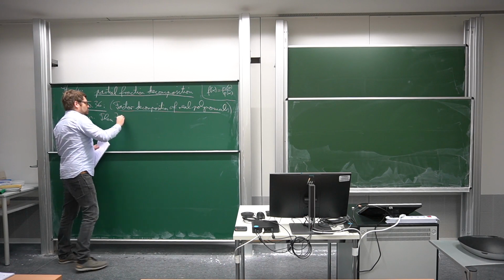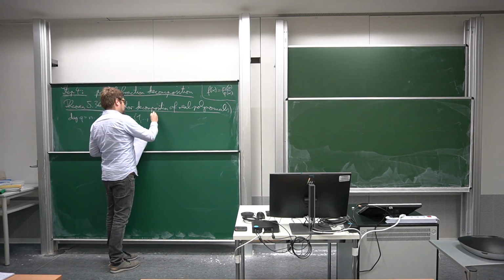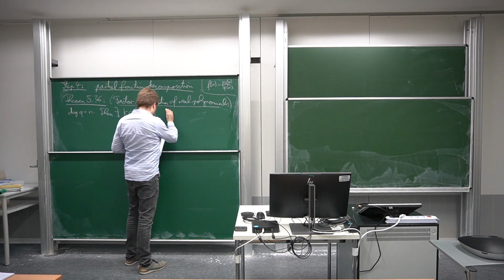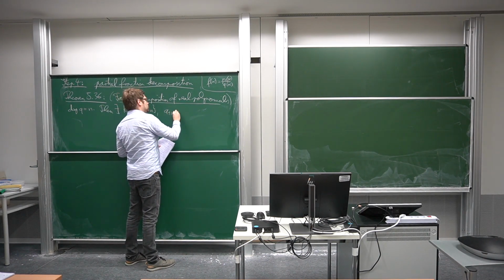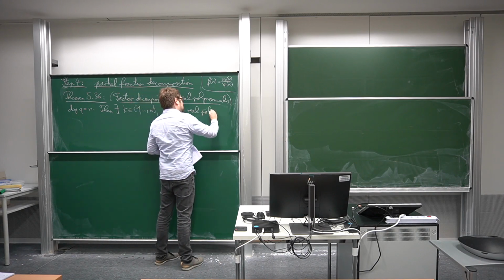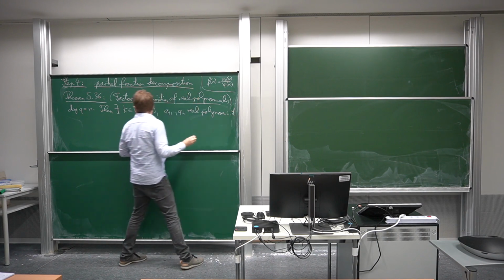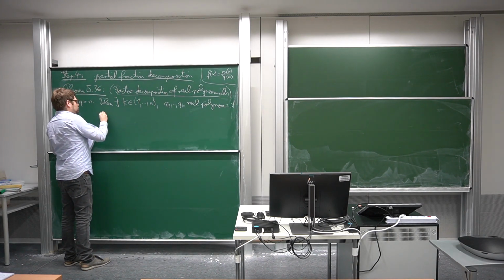you can show that there exists some number k between 1 and n, and real polynomials q1 to qk such that, first of all, they're related to q as follows.